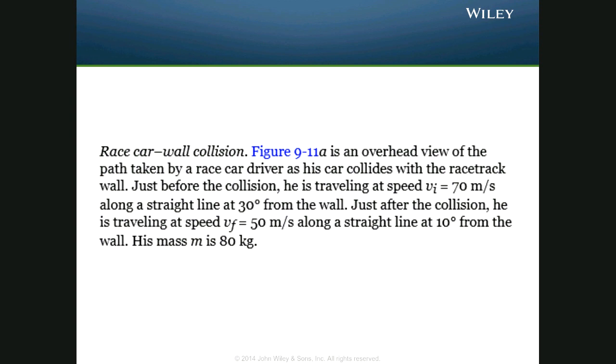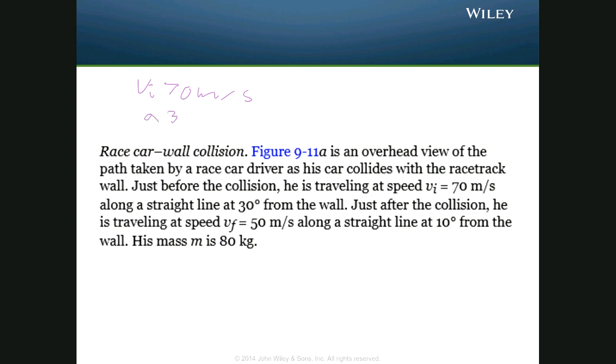Okay? So we have a set of known stuff. We know just before the collision, Vi is equal to 70 meters per second, and we know it's at an angle of 30 degrees.